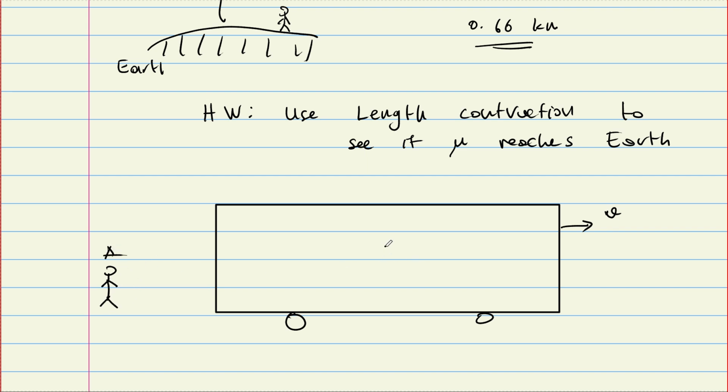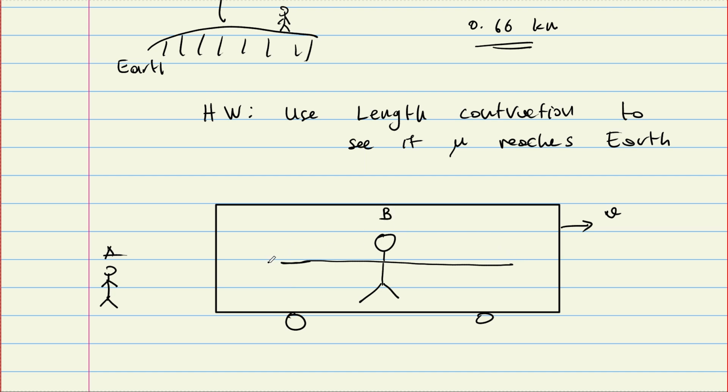And suppose observer B has long arms. He's kind of like Wembanyama, he's got really long arms. And so this is B.